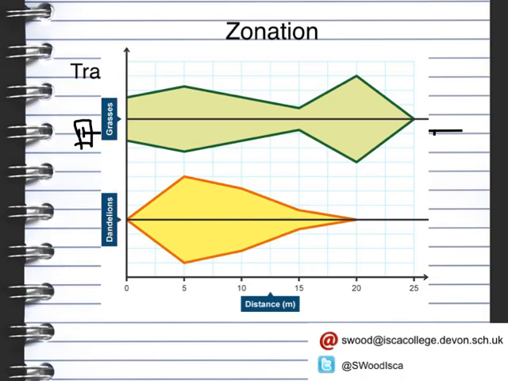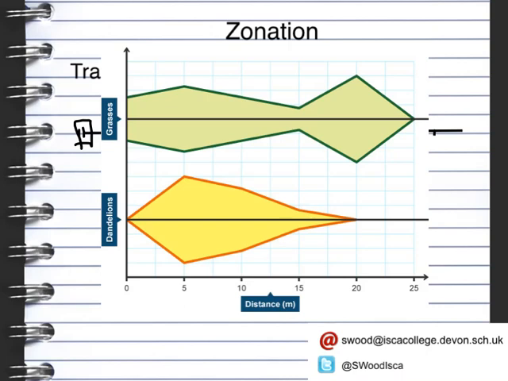You can see that we've got two organisms that have a different line. At your first transect here at 0 meters, which could be on the road, or right next to the bush, or anything really, this means that here you had a population this big of grass, whereas here you had no dandelions.